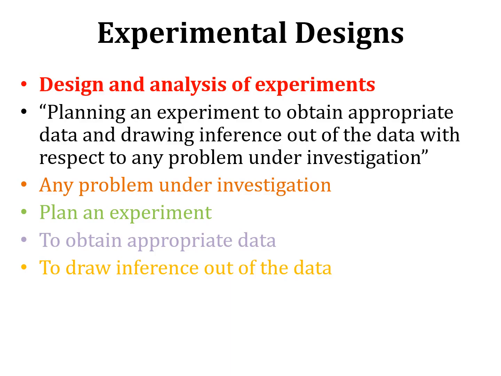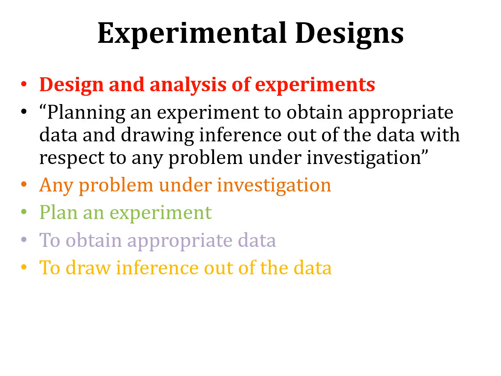Whenever you have a scientific problem under investigation, you plan an experiment to get the answer for it. You plan the experiment in such a way that at the end you obtain appropriate data, and you use that data to draw a conclusion about the problem you were investigating, that is, the solution or, to be more precise, the answer to that problem.